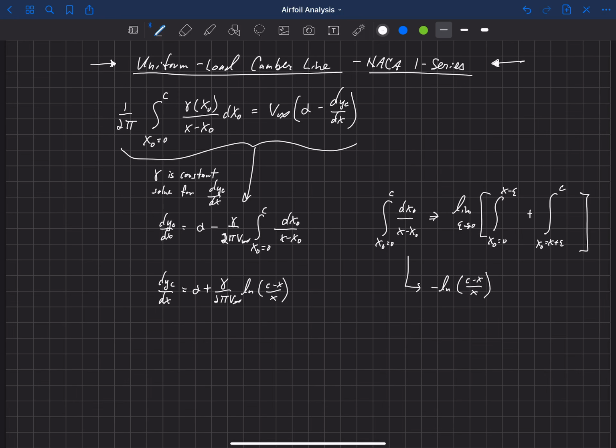All right, now the next step is to put gamma in terms of our desired lift coefficient. So let's look at what gamma is in terms of lift.